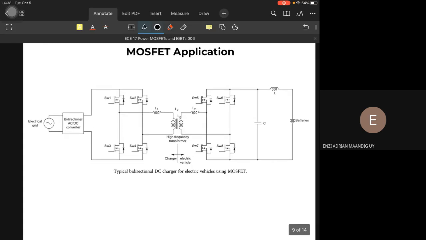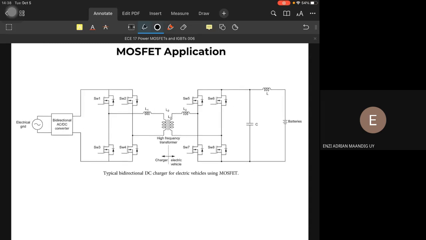So this is one particular application of MOSFET. From AC to AC conversion, no?